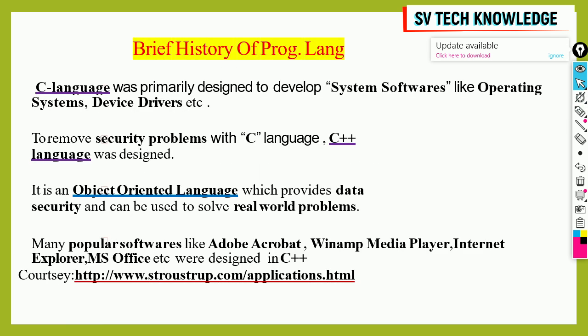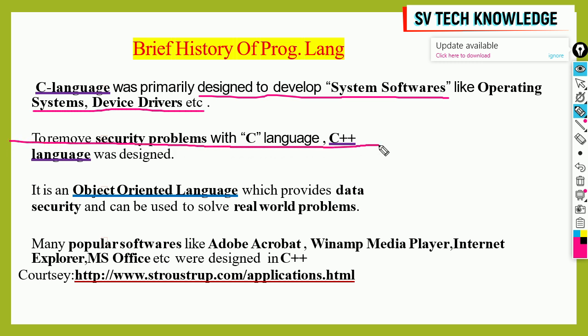Here is a brief history of programming languages. I will discuss Python language history in future, but here I am discussing only programming languages history. C language was primarily designed to develop system softwares like operating systems and device drivers, etc. To remove security problems with C language, C++ language was designed.